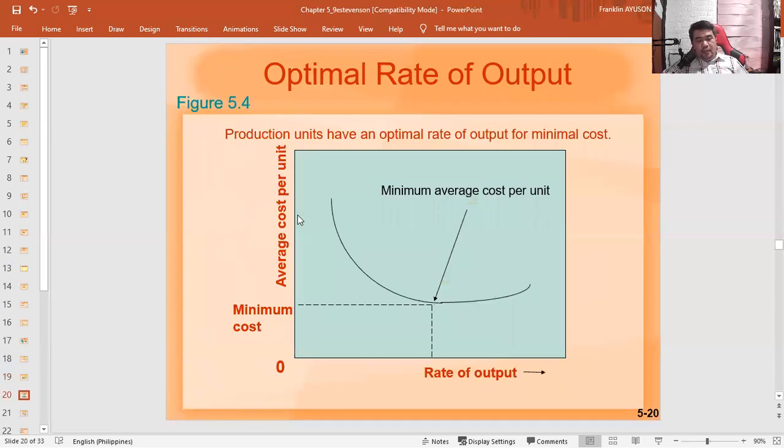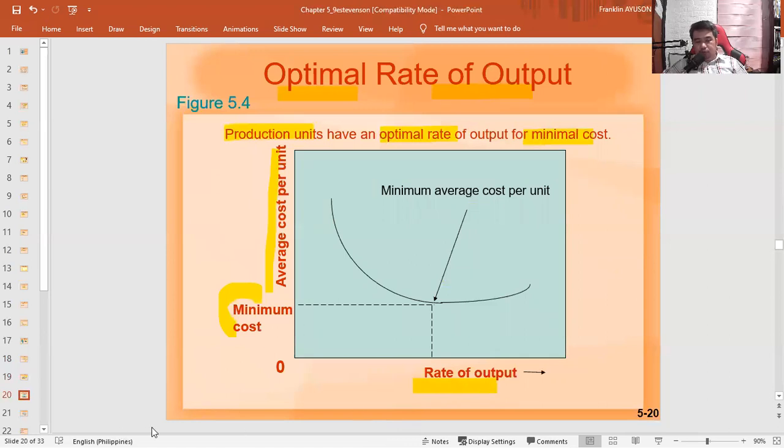Okay? So, in this case, to better understand the concept of economy of scale and diseconomy of scale, we now look at our optimal rate of output. The optimal rate of output with consideration to our production unit is the rate for the minimum average cost per unit.